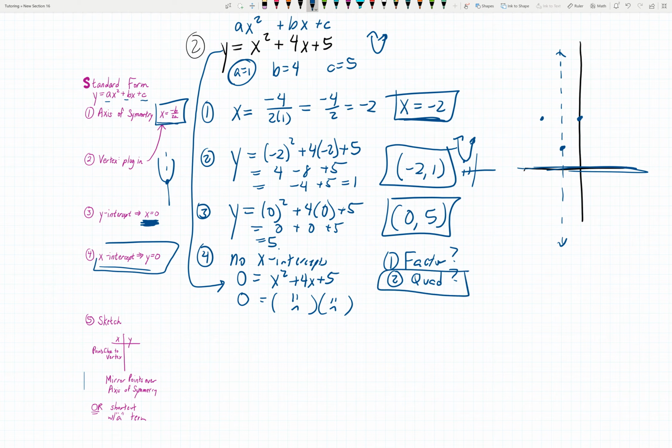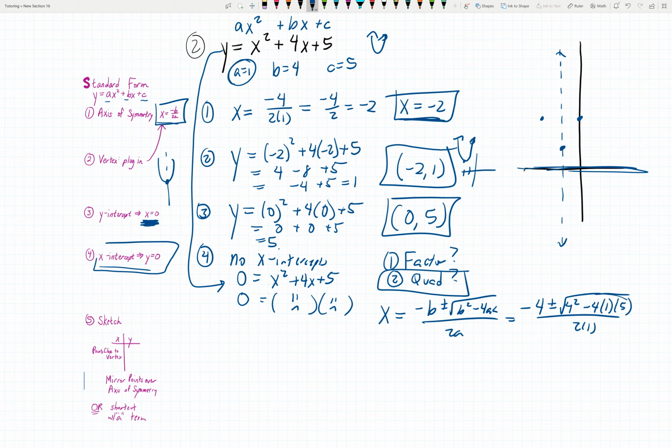In which case I'm going to go to my quadratic formula. So it's negative b plus or minus square root of b squared minus 4ac, all over 2a. So plugging and chugging that in, it's negative 4 plus or minus the square root of 4 squared minus 4 times 1 times 5, all over 2 times 1.